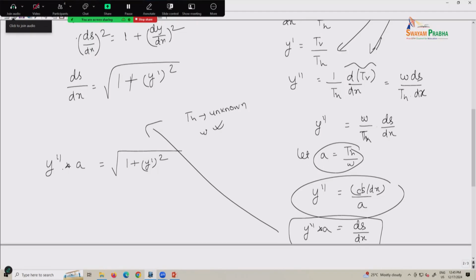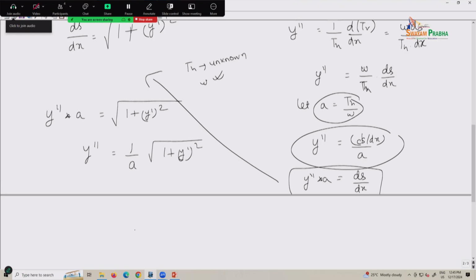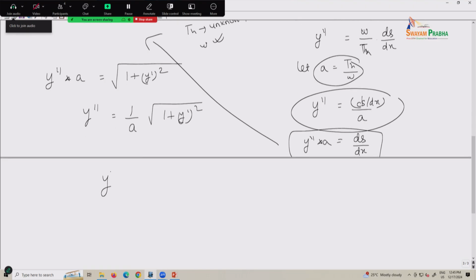Okay, so now you got this expression y double dash into A, so we can write it as 1 by A root of 1 plus y dash whole square, right, or we can just group them. Now we need to solve this equation, correct, sir? We need to solve this expression to get the solution. Basically you are interested in y only, but now it is in the second order, right?